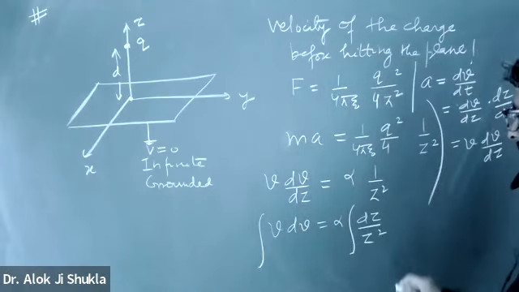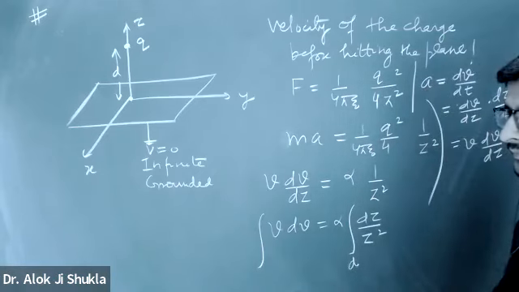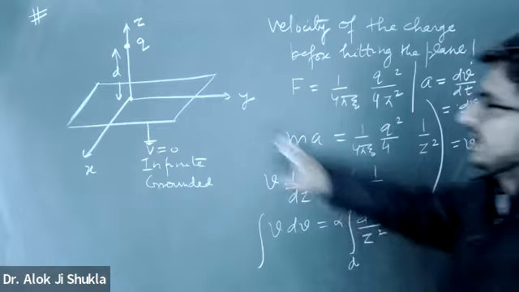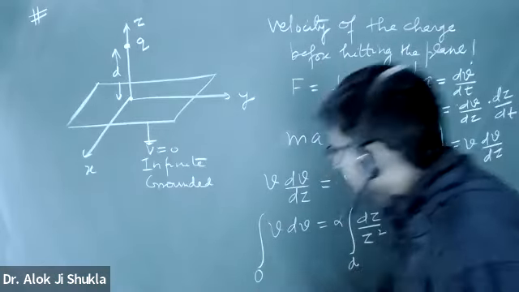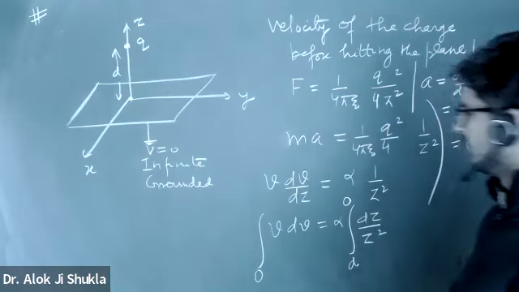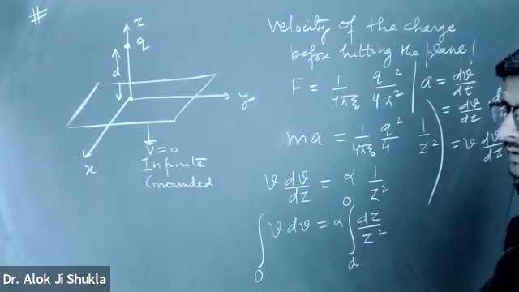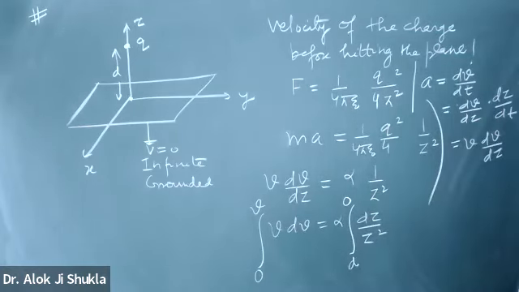When your z is at d, जब z d था, then velocity, let us take 0 because it was stationary. And when z is 0, before hitting the plane, the velocity, let's say, becomes v. That velocity we have to calculate.